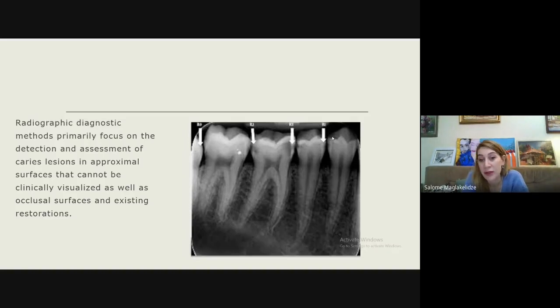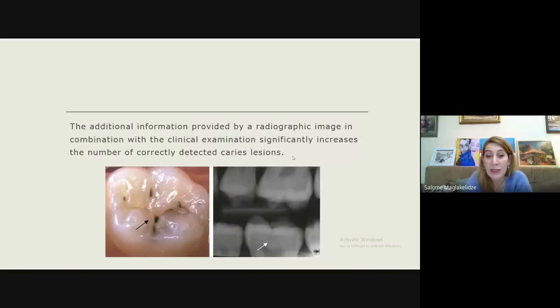Because these places are really dangerous, and even if you do the restoration and the patient won't start to do great cleaning and maintain good hygiene, it might cause secondary caries, as we already mentioned. So here, as we said, the radiographic image provides us additional information, and in combination with other clinical examination, we could increase the number of correctly detected caries lesions.